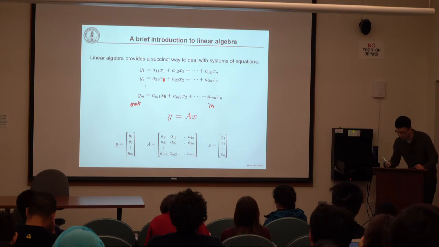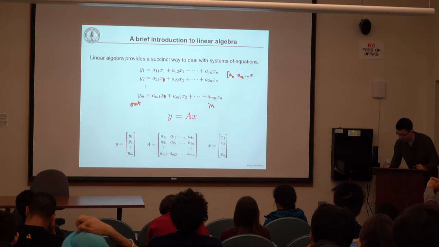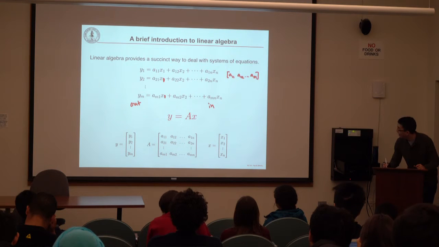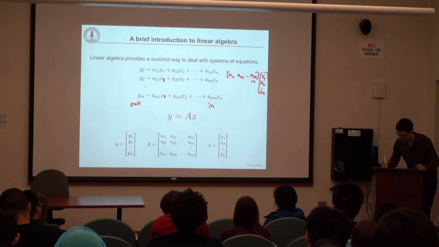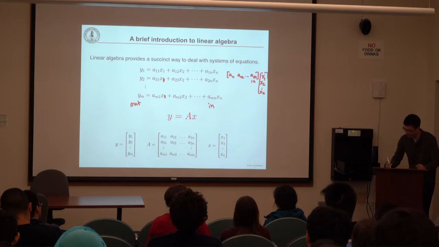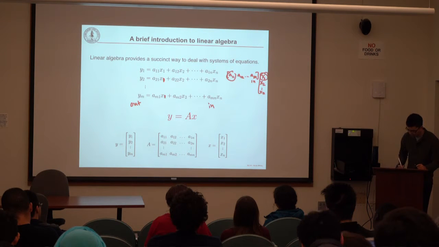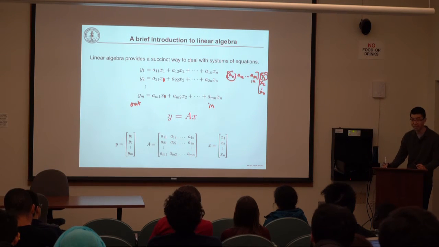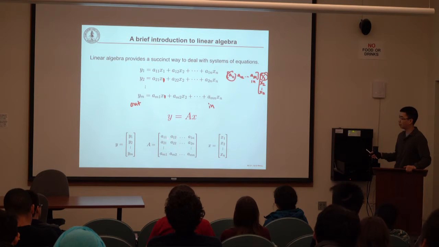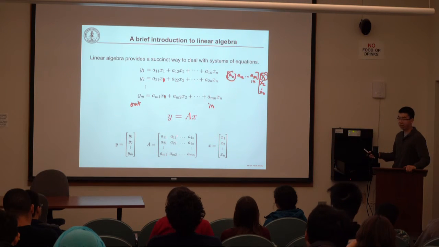A dot product is, if we have a row A11, A12 to A1n, and we multiply it by a vector x1, x2 to xn, then the dot product is A11 times x1 plus A12 times x2 plus dot dot dot A1n times xn.